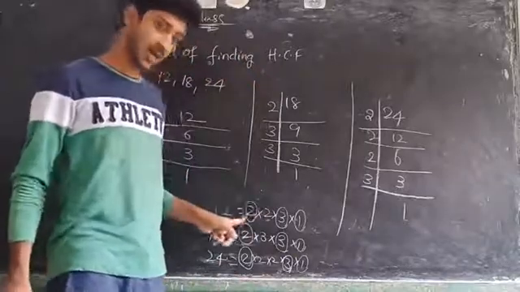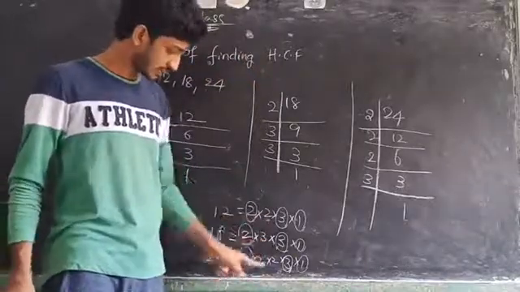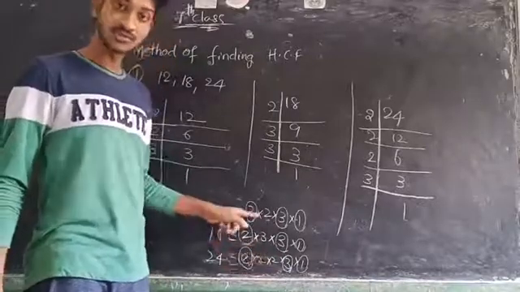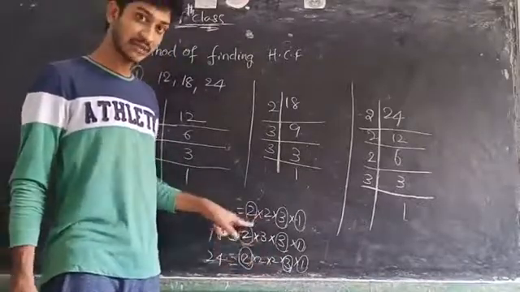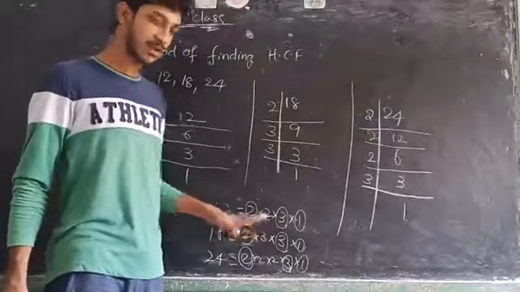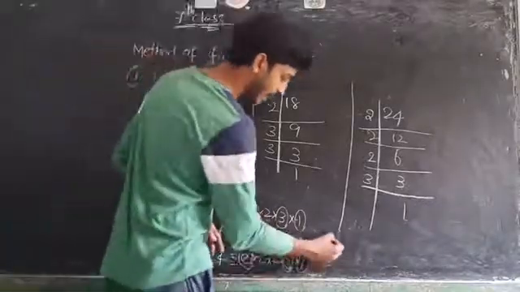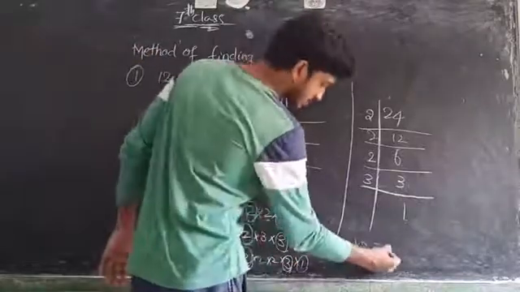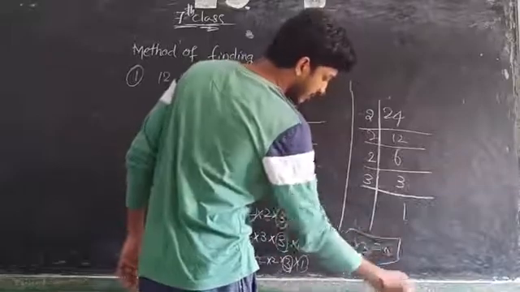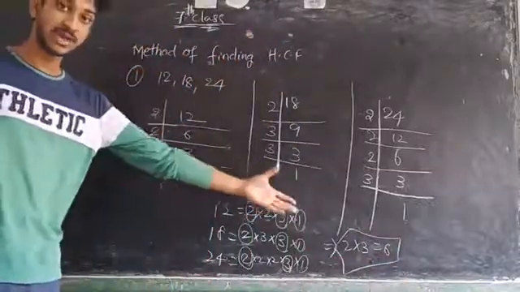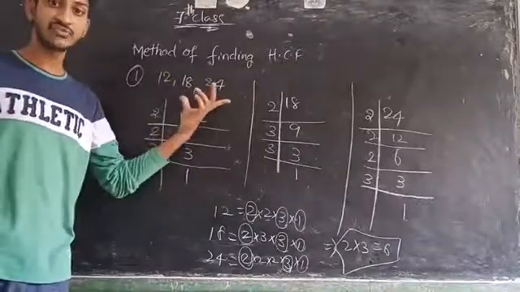And the remaining are 2 here, 3 here and 2 here, 2 here, so these are not common in every number. These 2 and 3 are common in every number. That's why I am taking 2 and 3 and multiplying, 2 threes are 6. So 6 is the greatest common divisor for 12, 18 and 24.